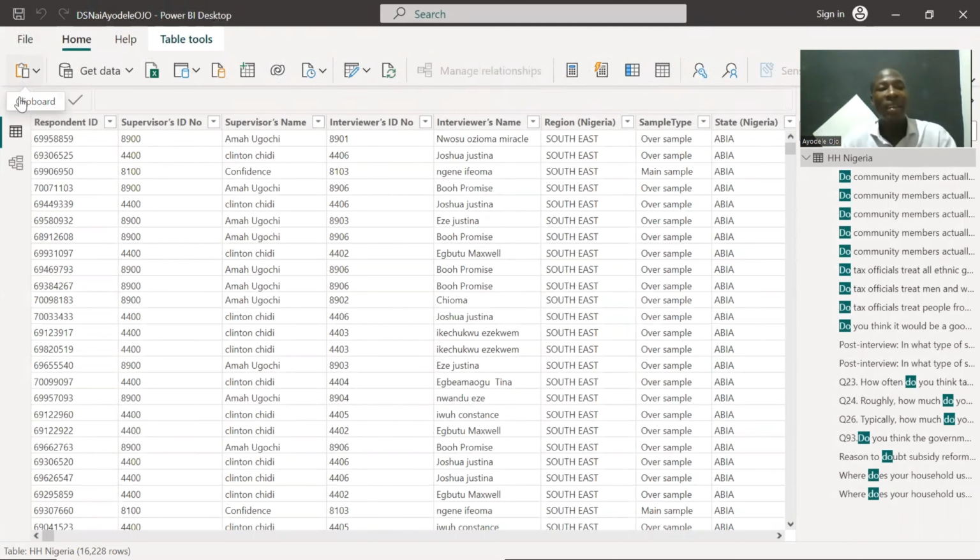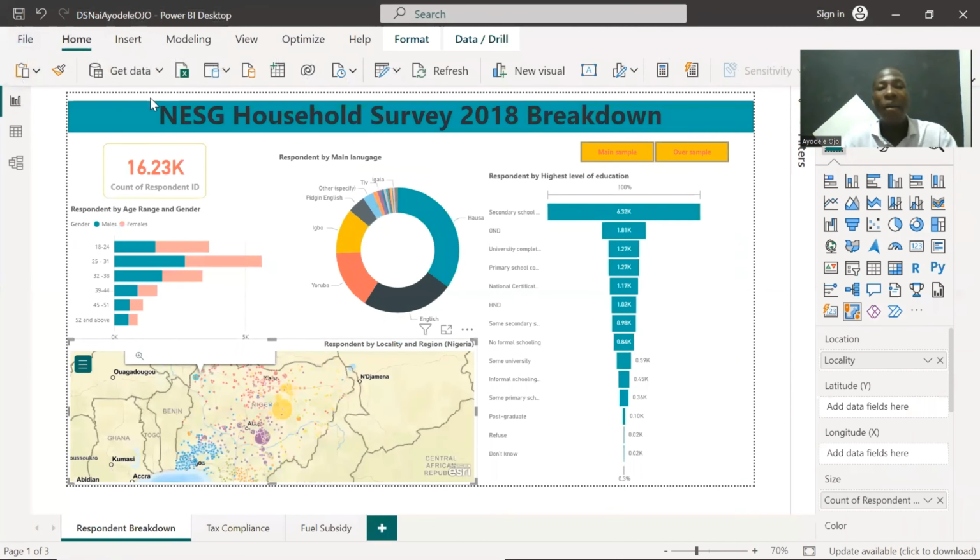It's a data set that has to do with the household survey 2018 breakdown. Because it's a very large data set, I only came up with three different reports: the respondent breakdown, the tax compliance, and the fuel subsidy. These are the reports I came up with, with different visualizations.